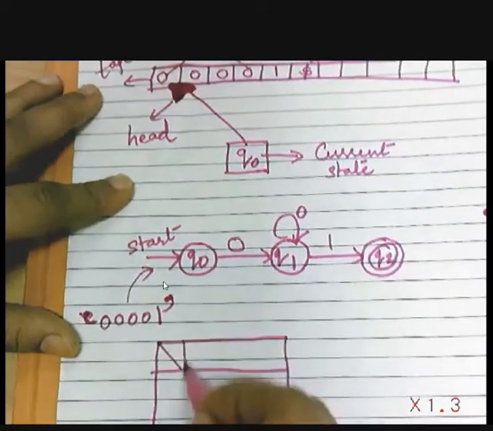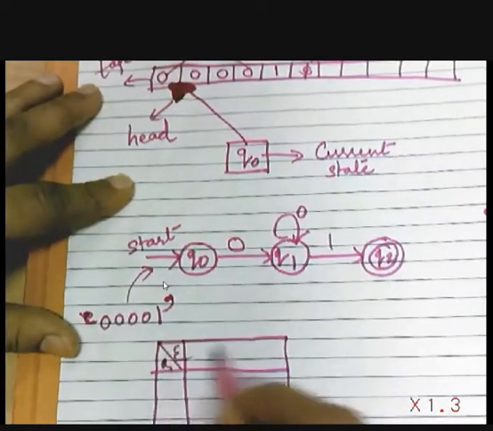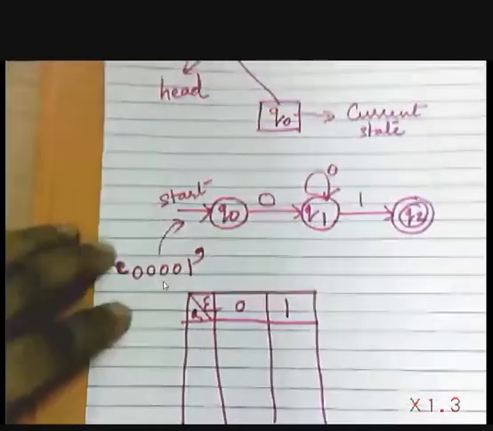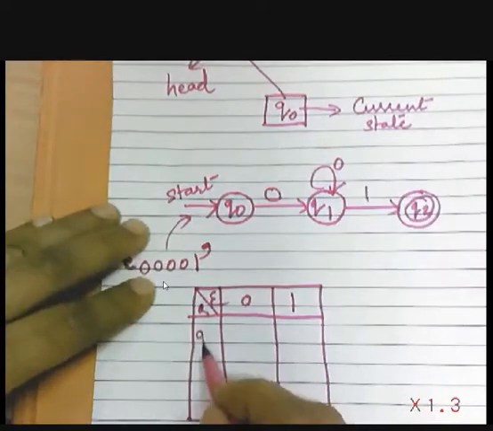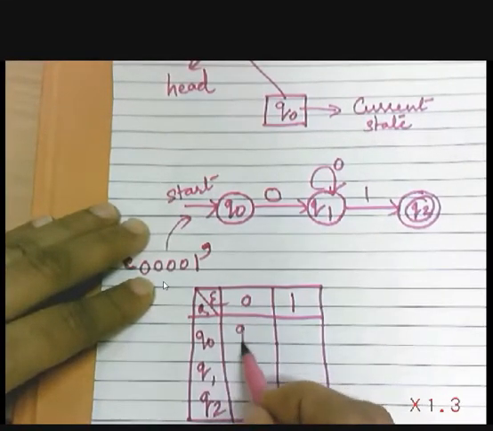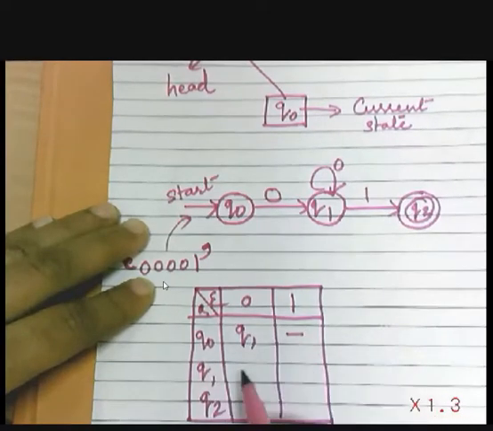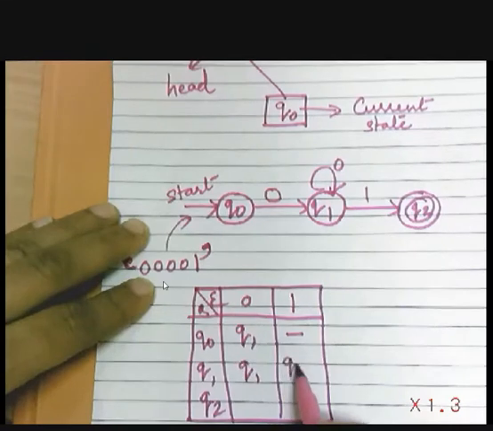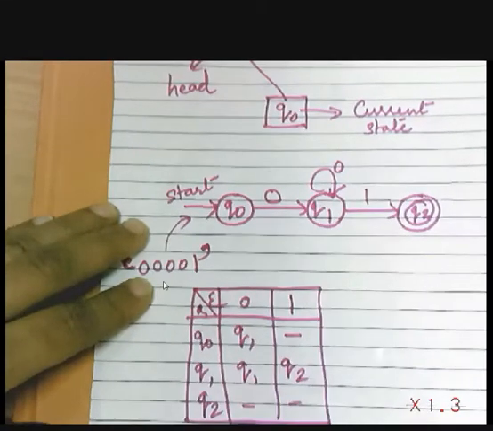It will be Q and sigma 0 and 1, with rows Q0, Q1, Q2. Q0 on 0 moves to Q1, on 1 moves nowhere. Q1 on 0 moves to itself, on 1 moves to Q2. Q2 moves nowhere.